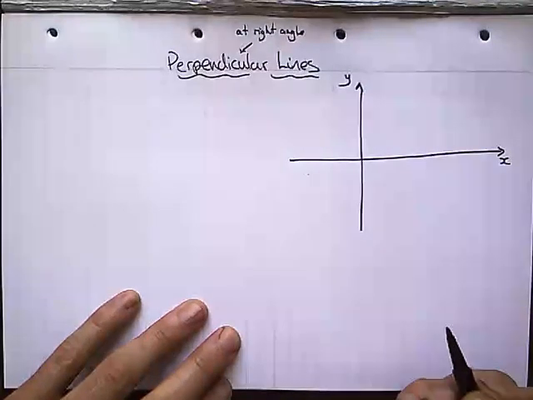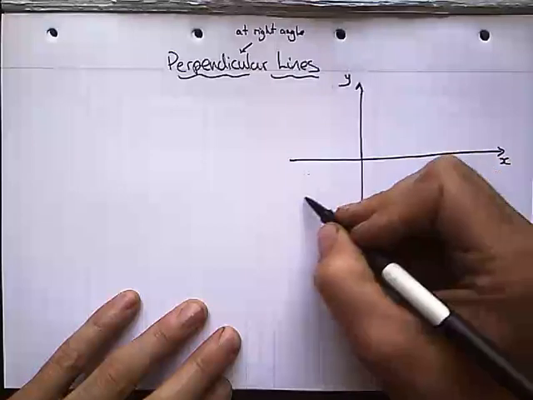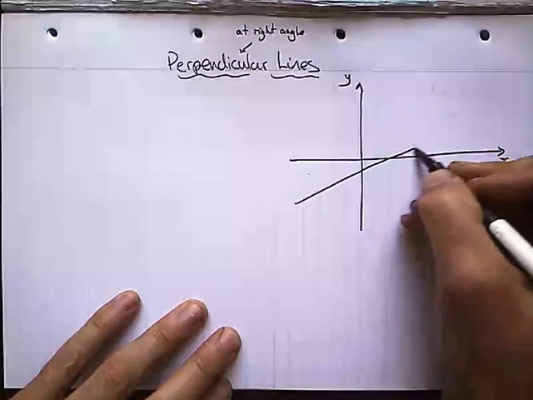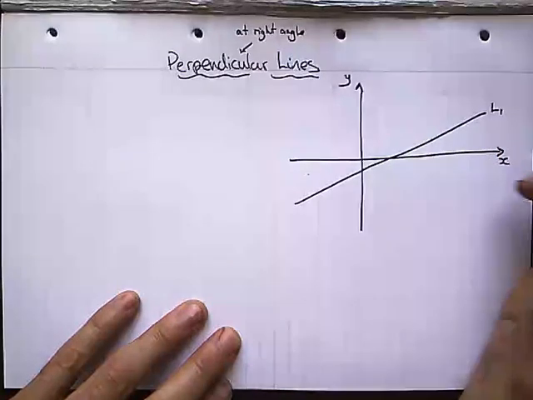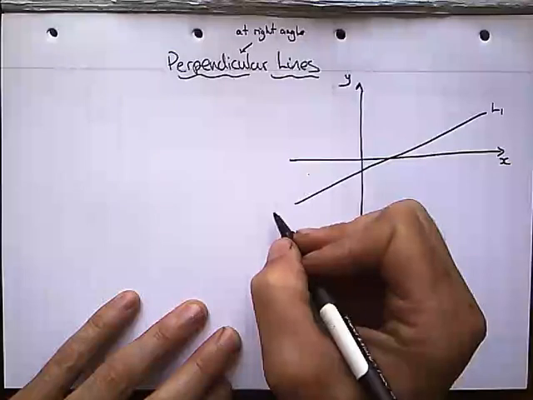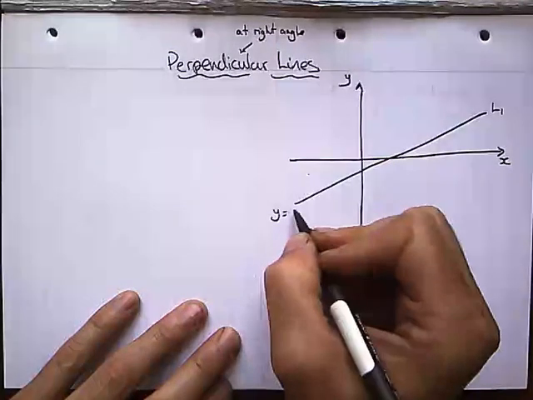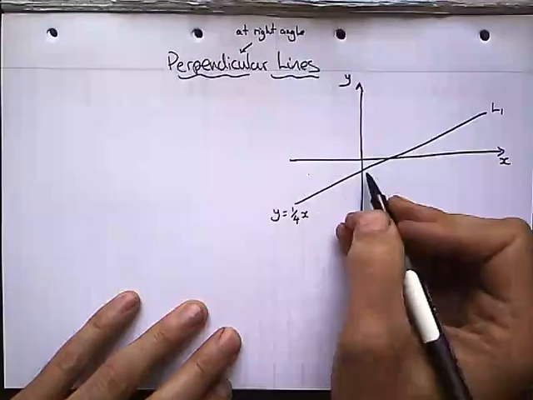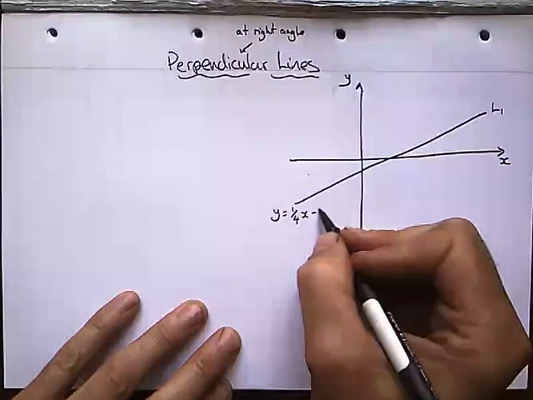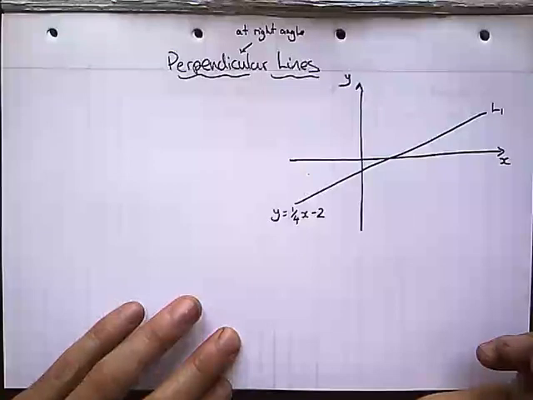So if I have two lines on a graph, let's suppose this is a straight line, we'll call that line 1. Line 1 has equation y equals 1/4 x, crosses the y-axis at -2, so the y-intercept is -2.